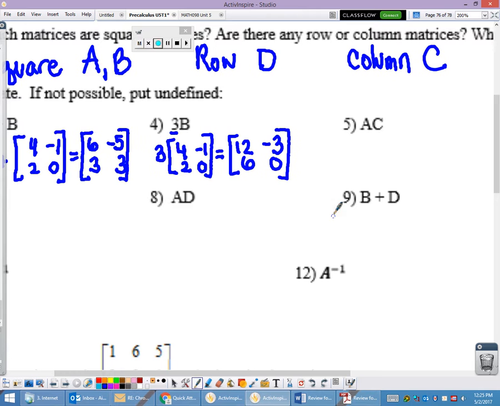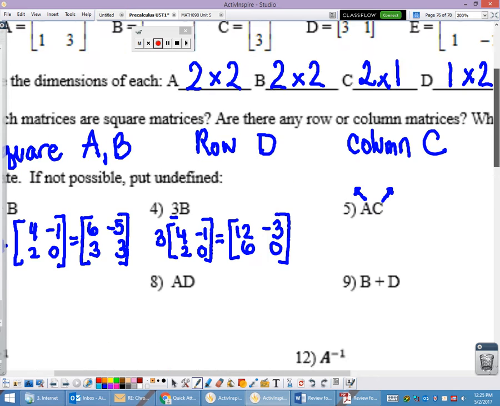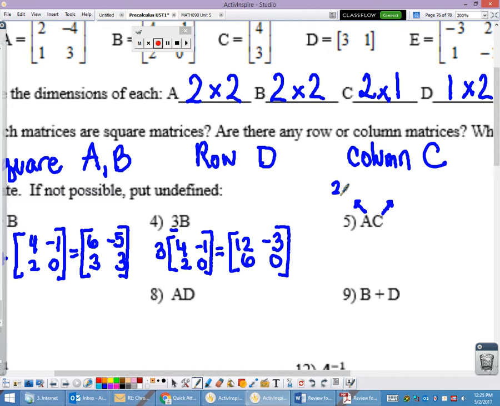So now I'm going to multiply A times C. Now for these, remember, to multiply, the number of columns in the first matrix has to match the number of rows in the second matrix. So if you look at A and C, matrix A was a 2 by 2 matrix, and matrix C was a 2 by 1 matrix.